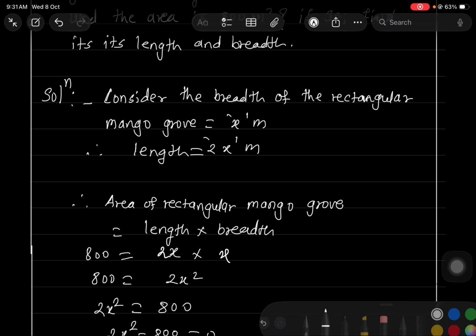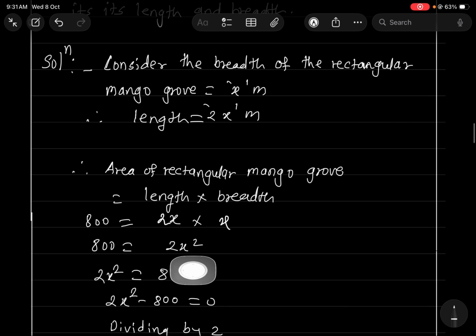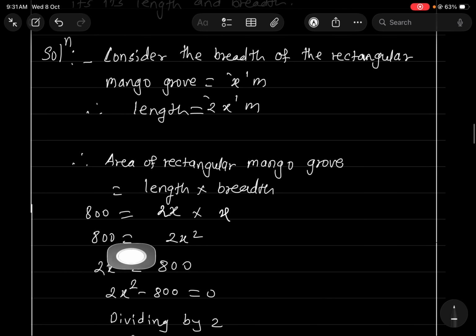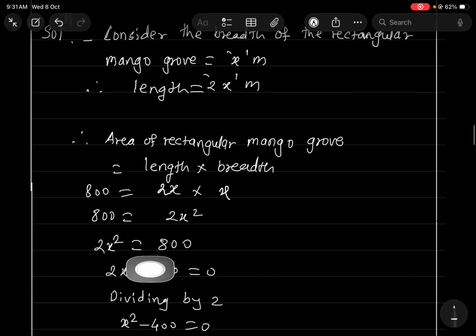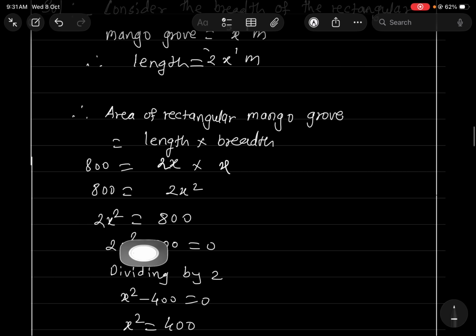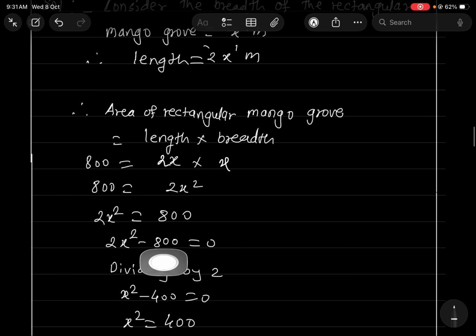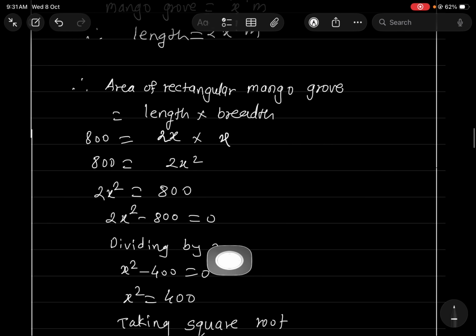So 2x into x equal to 2x square, and 800 equal to 2x square. So we are rearranging: 2x square equal to 800. Now this 800 we bring to this side, so it equals 0.